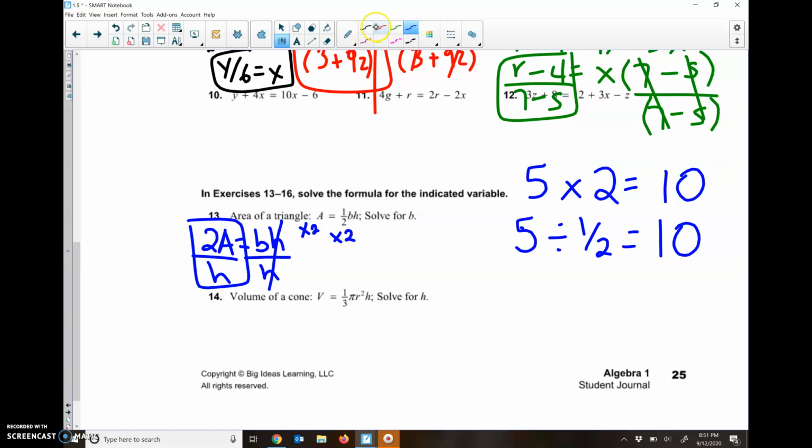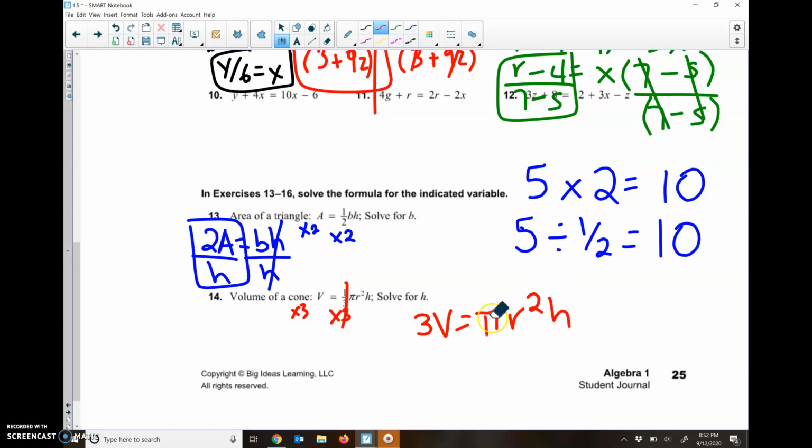Same thing on number 14. Dividing by 1/3 is the same thing as multiplying by 3. So 1/3 times 3 is 1, so that's going to cancel. So multiply by 3 on that side. Now I'm left with 3v equals pi times r squared times h.